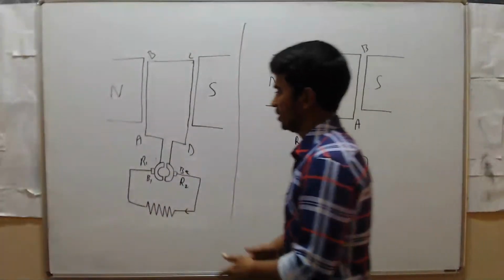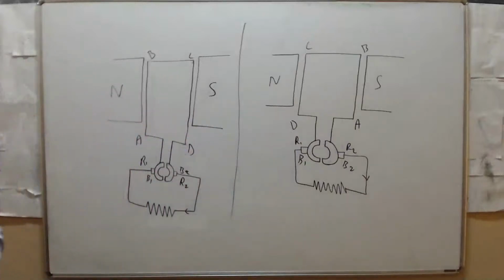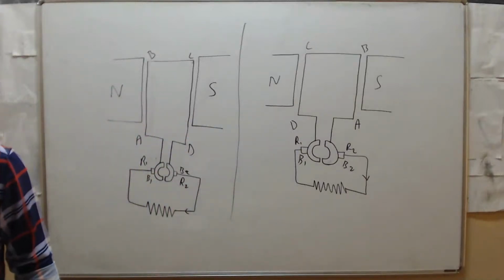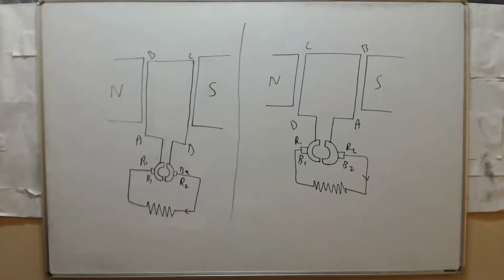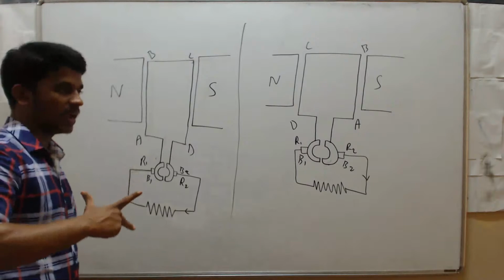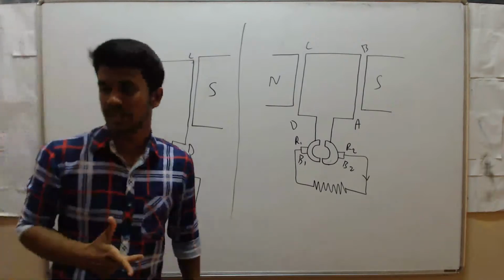Next, here also we use Fleming's right hand rule. You already know what it is. Hold the first three fingers of the right hand mutually perpendicular to each other.